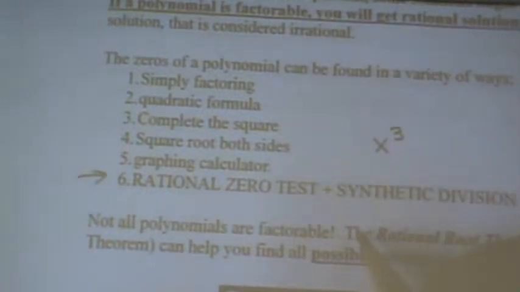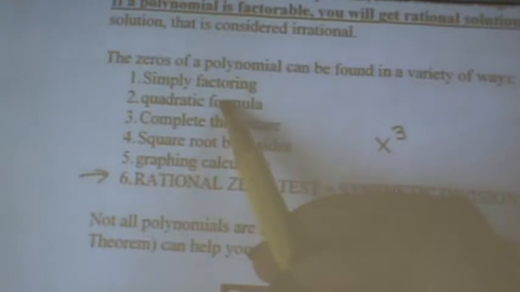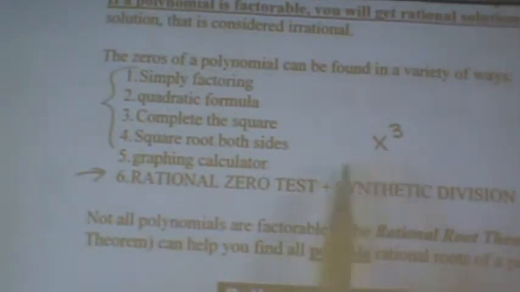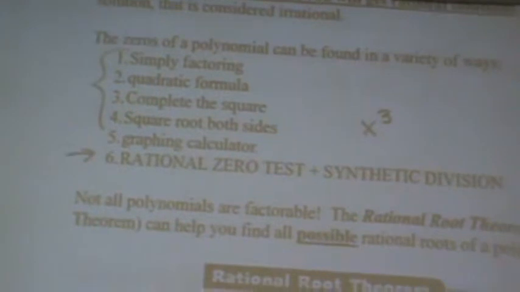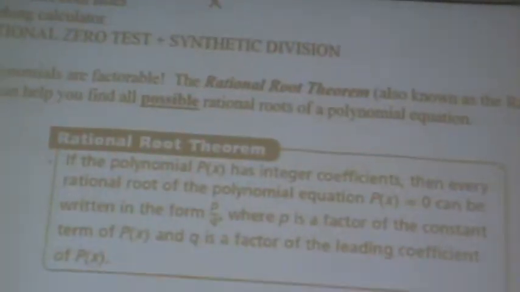So when you have x to the third and higher, you have to use number 6. We use the other ones when we have x squared, and we're going to use this one for the rest, and that's what we're concentrating on today. Not all polynomials are factorable.